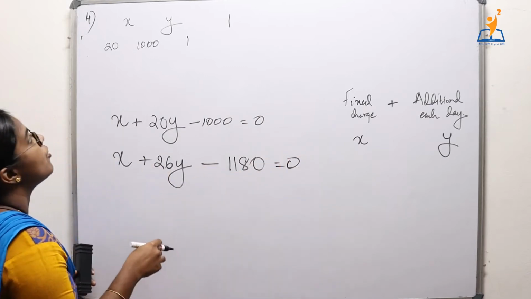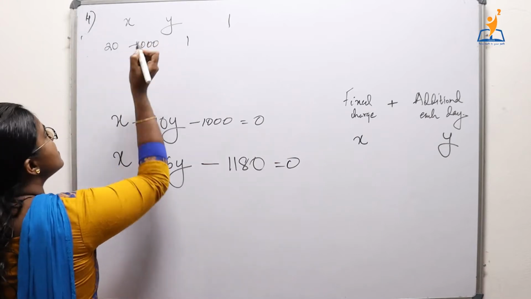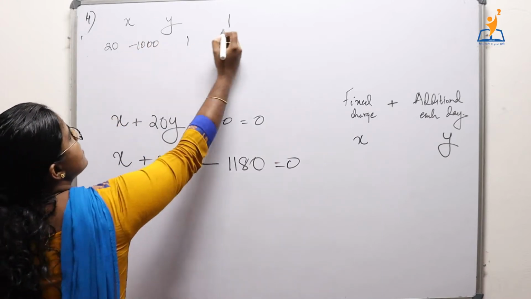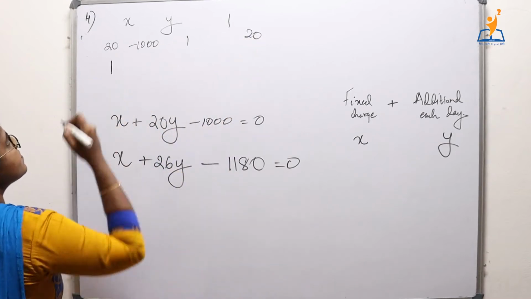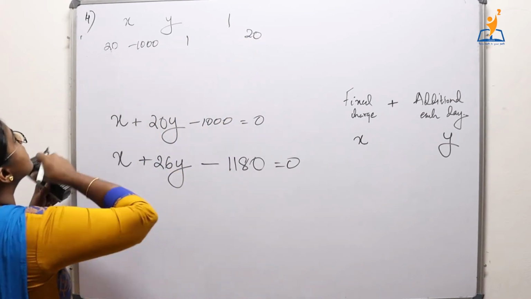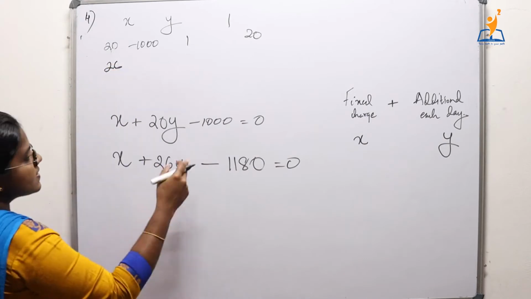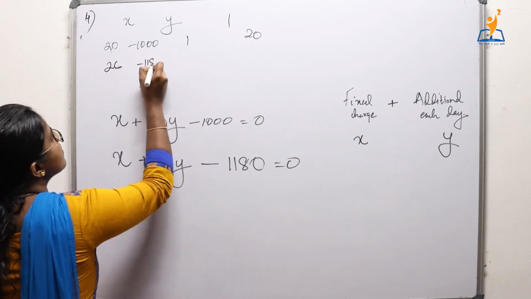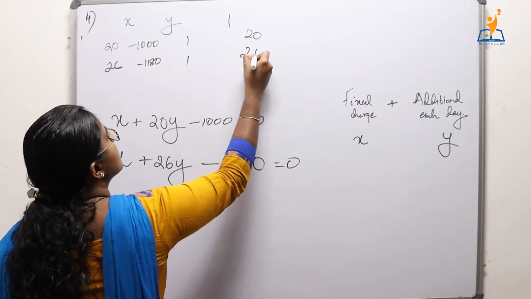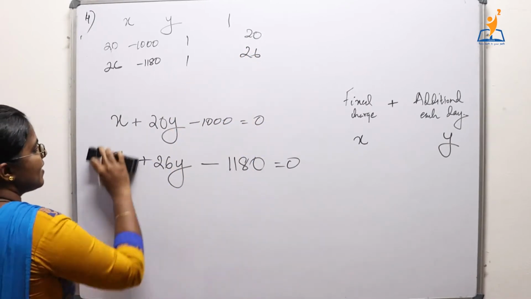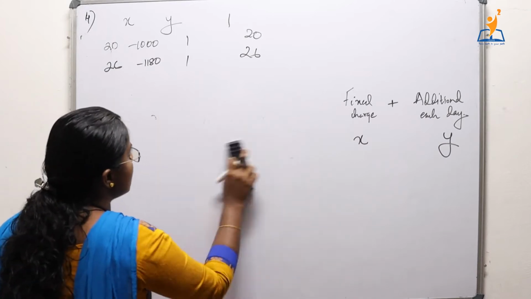This is our general form. So 20, minus 1000, 1 and 20 again. Now we have 26, minus 1180, 1 and 26. So this is our diagram for this pair of linear equations in two variables.